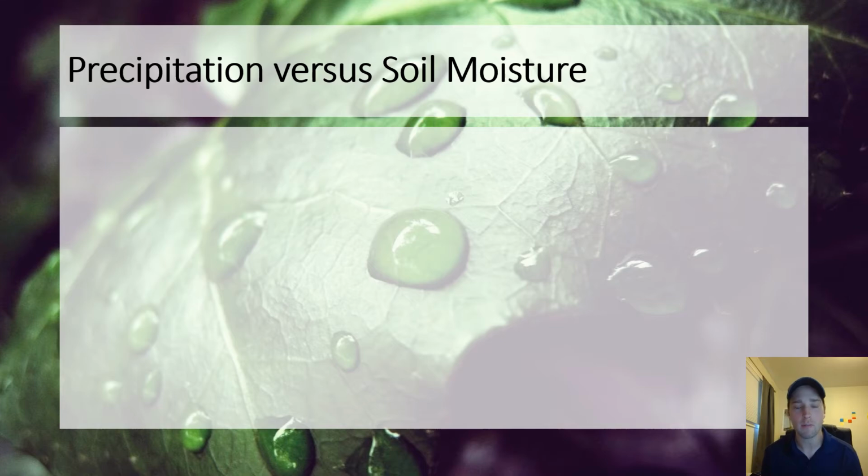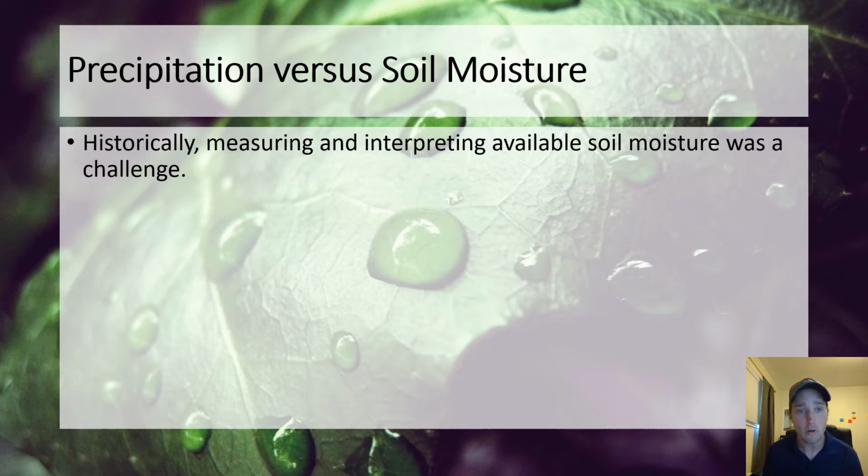So chatting a little bit about precipitation versus soil moisture, they're not the same thing, but they absolutely contribute to the same thing, and the ultimate goal there is getting water into our crops and the plants in those crops. Historically, measuring and interpreting available soil moisture was a challenge, and that is just a reality of dirt and soil. Soil's a three-dimensional thing, and it's hard to see.